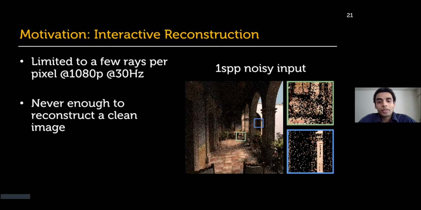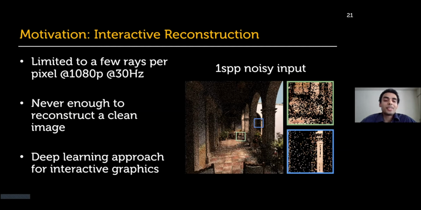A realistic sampling budget for games will remain on the order of 1 sample per pixel for the foreseeable future. And in this work, we are interested in the extreme case where we can only trace 1 sample per pixel interactively. We present a deep learning approach to reconstruct the final image.